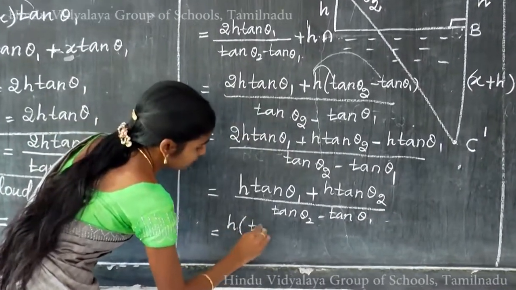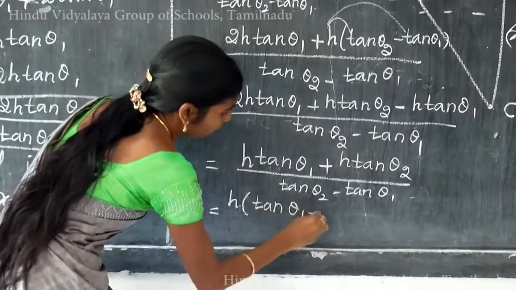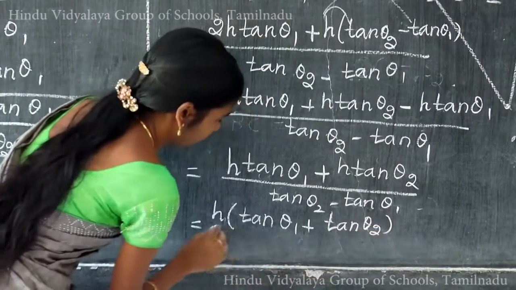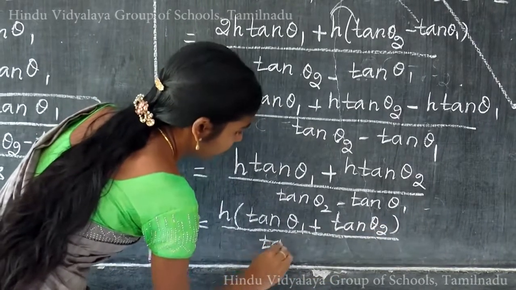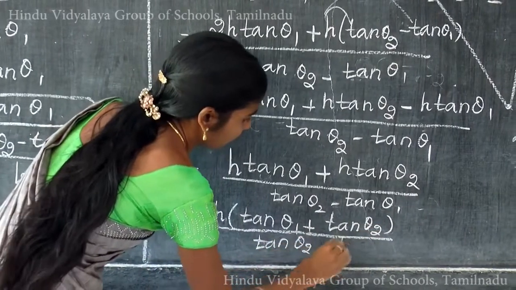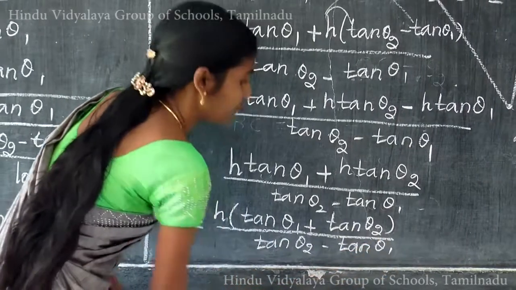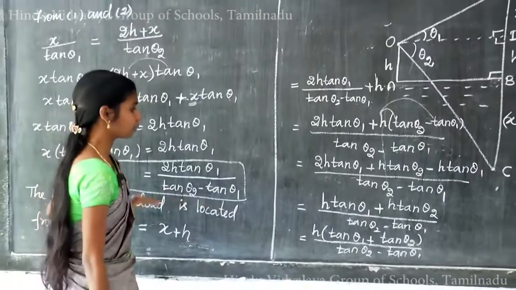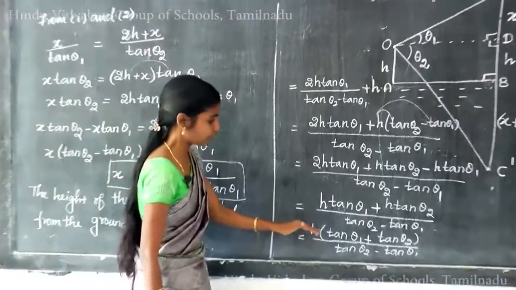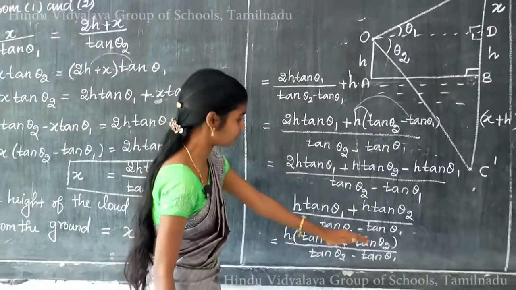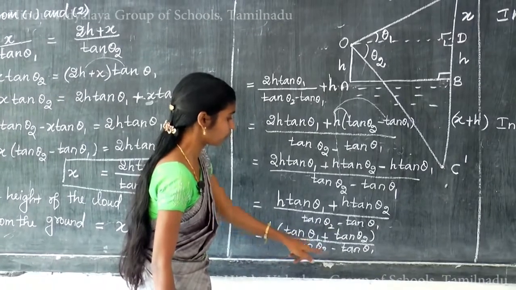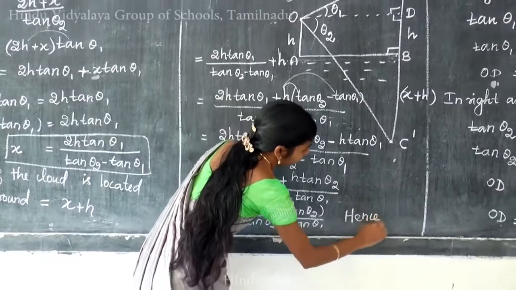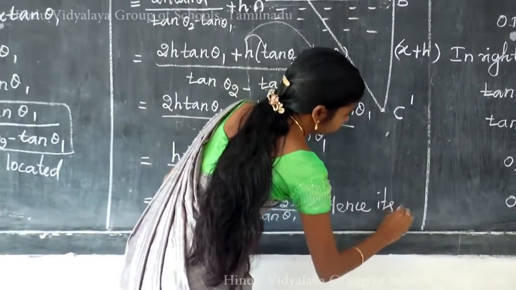So we get h into tan theta 1 plus tan theta 2 divided by tan theta 2 minus tan theta 1. That is what we need to prove. So the height of the cloud from the ground is given by h into tan theta 1 plus tan theta 2 divided by tan theta 2 minus tan theta 1. Hence the problem. Hence it is proved.